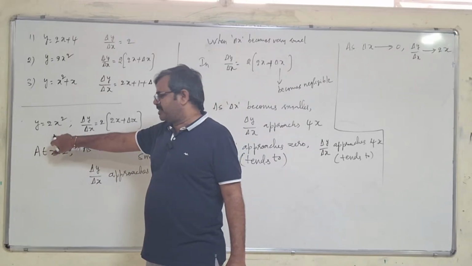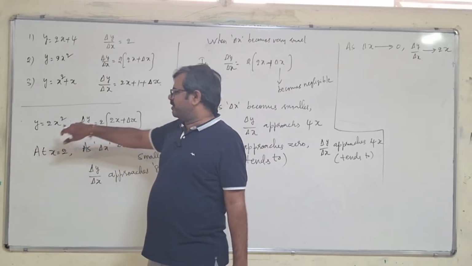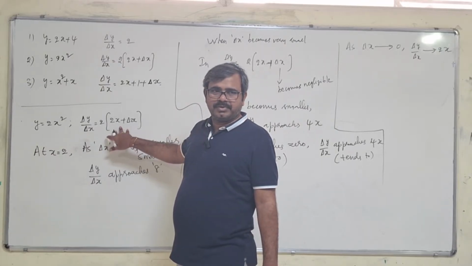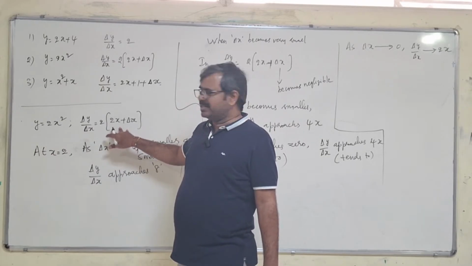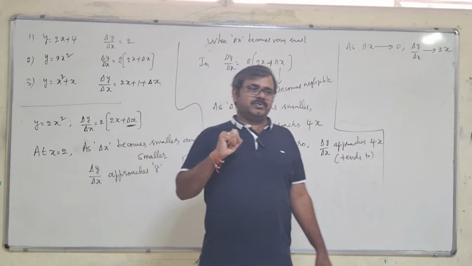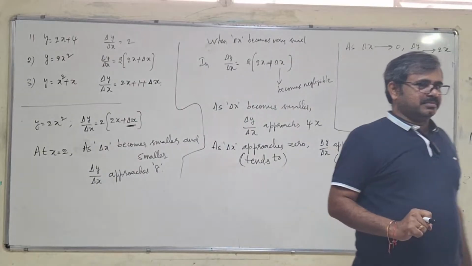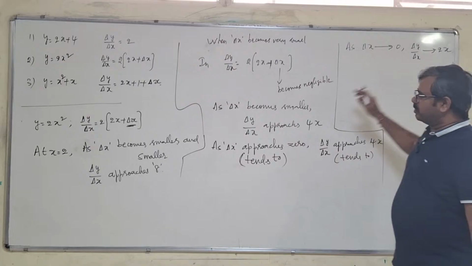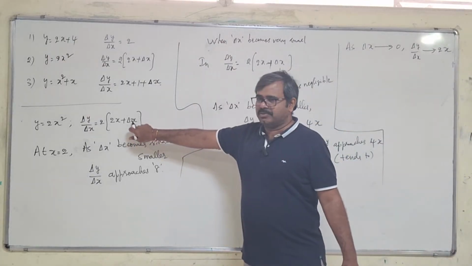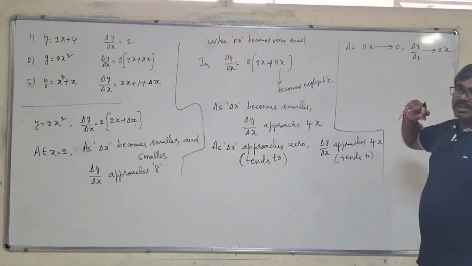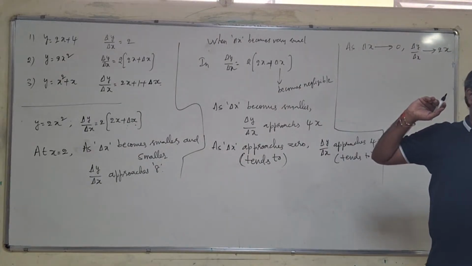This is the example that we have been discussing from yesterday. In the function y is equal to 2x square, when we found delta y by delta x, we got this expression. In this expression, delta x becomes negligibly small for small values of delta x. So as delta x tends to 0, this becomes negligible. So delta y by delta x is approaching 2x.